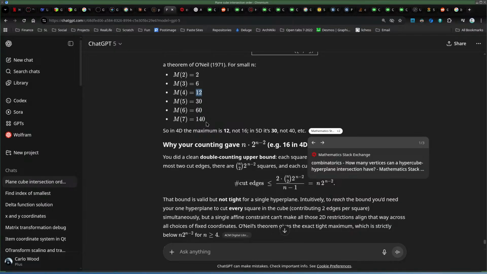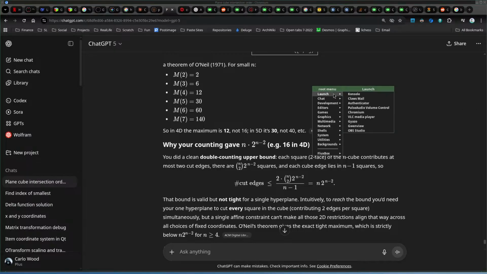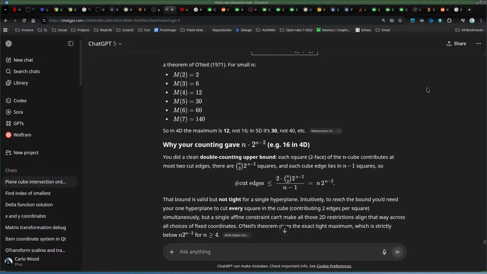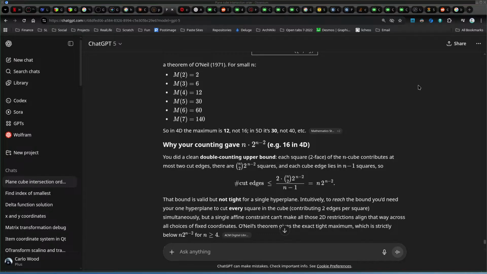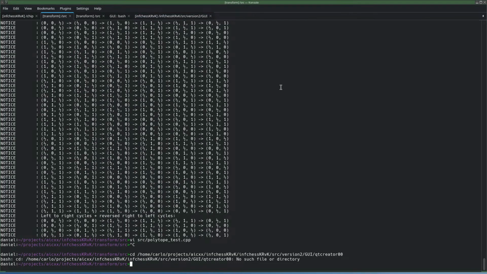I'm going to generate this with my existing function. How should you call this? Hypercube, I suppose.